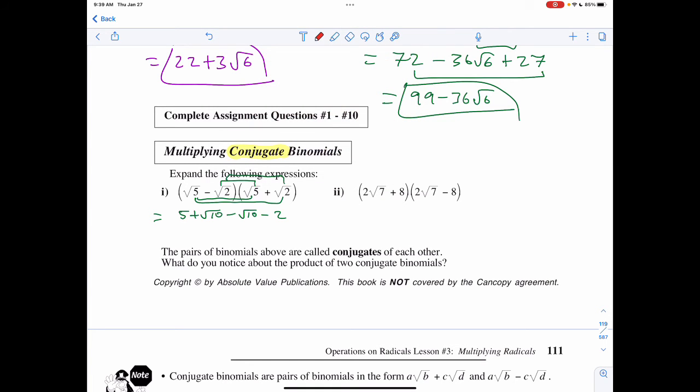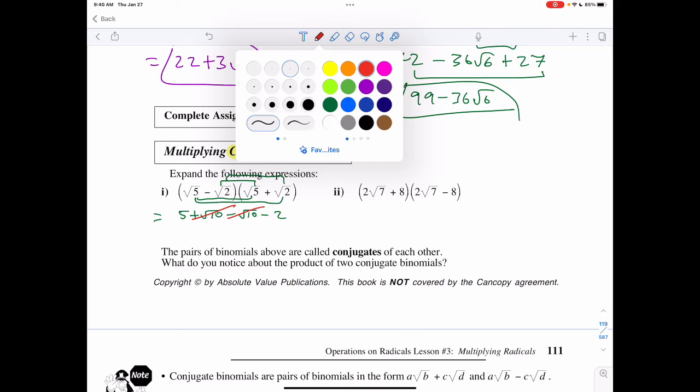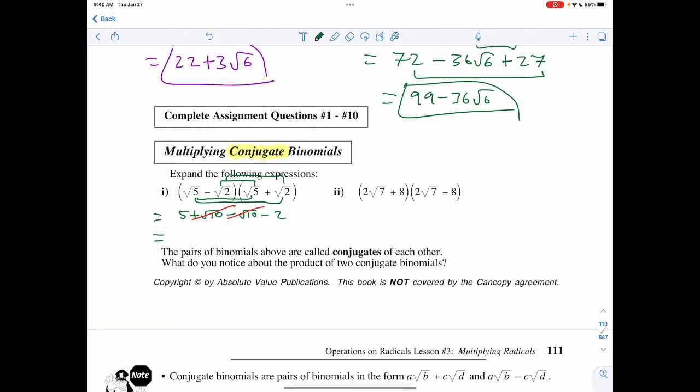And what happens? If I have conjugates, the two middle terms, so the outside terms multiplied and the inside terms multiplied, will be positive and negative versions of the same number, and they'll cancel each other out. Which means that all I'm left with is 5 minus 2, or 3.